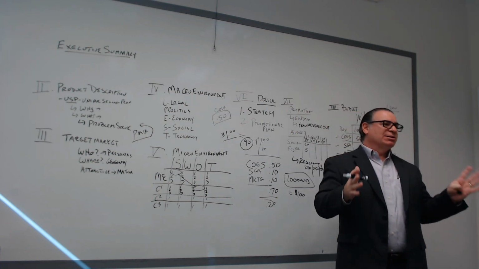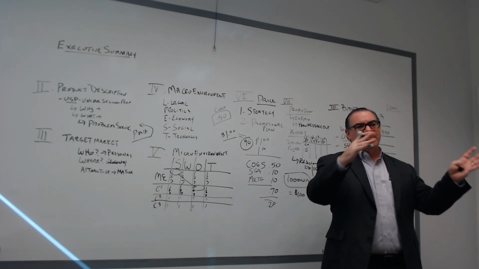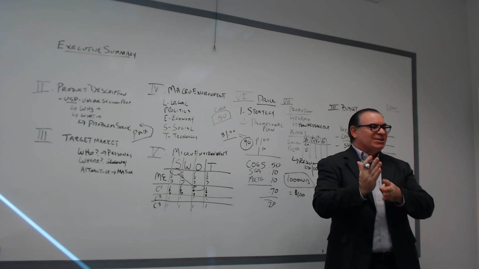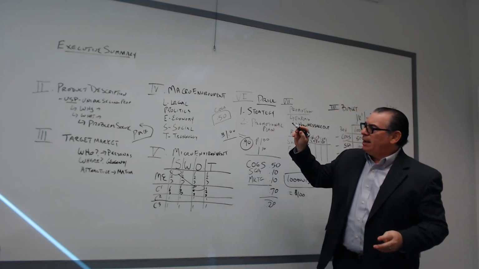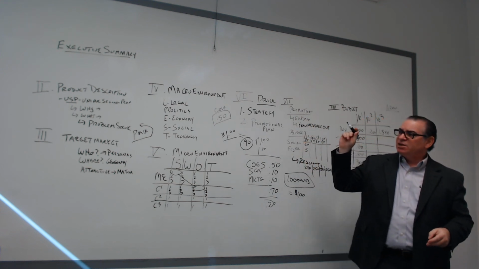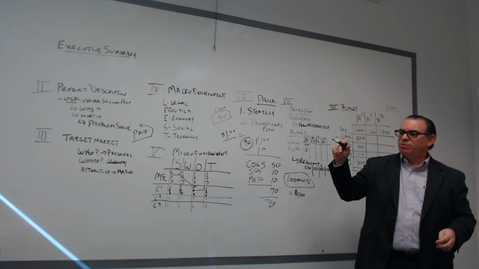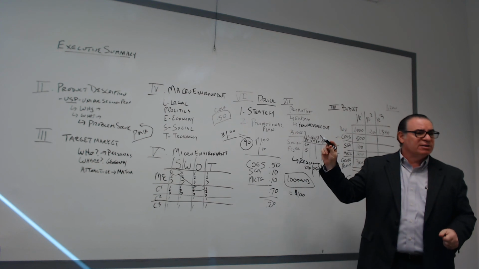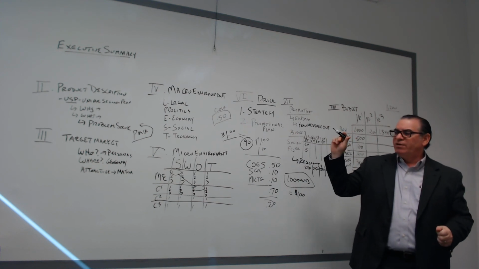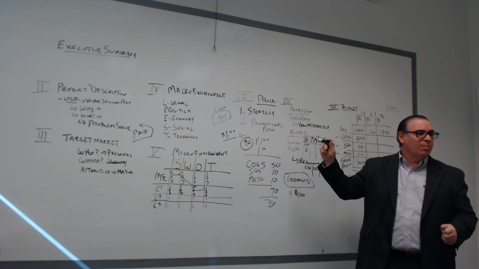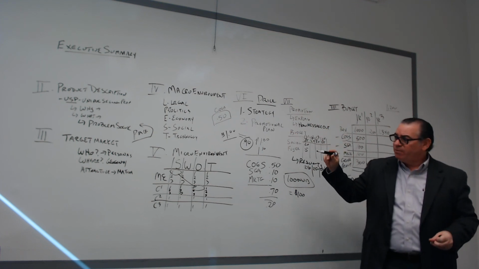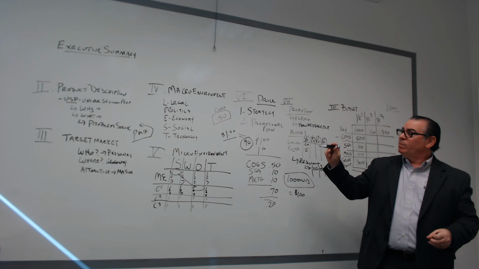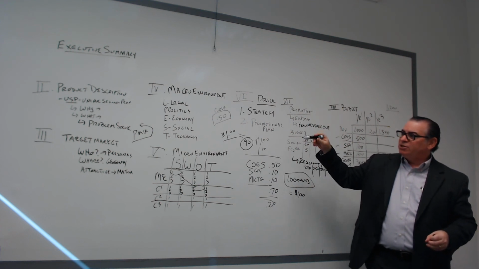And then lastly, we wrap it all up in a nice little executive summary, 1 or 2 pages over here, and every one of these sections is covered in the executive summary. So we're giving a brief product description, a brief explanation of why our product is so good, a brief explanation of our target market, the who and where, and then we're going into the macro environment.